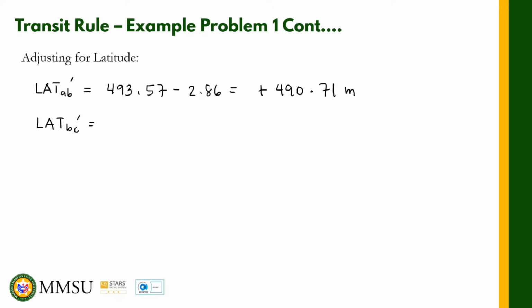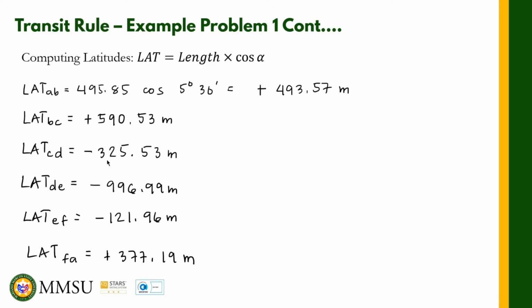So the corrected latitude for BC is 590.53 minus the correction of 3.42, which is now equal to positive 587.11 meters.